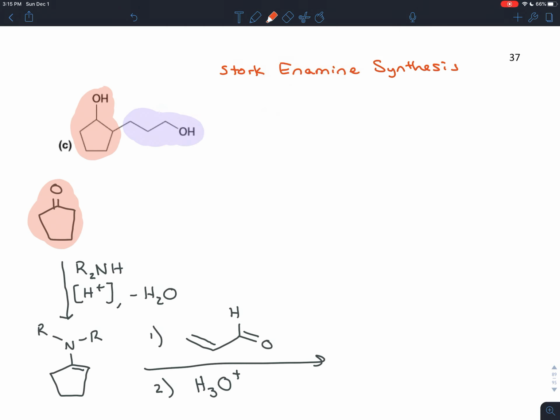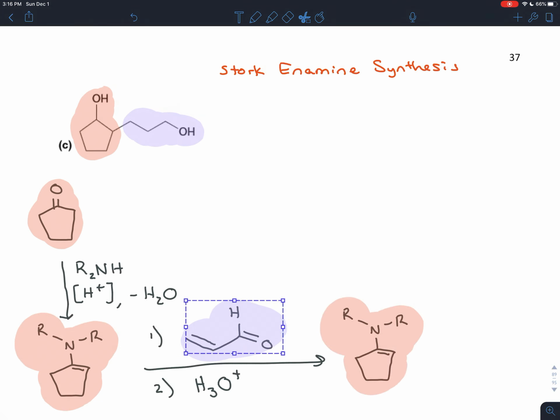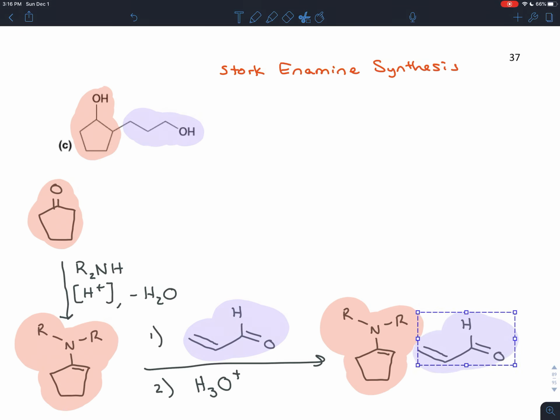Okay, let's visually organize this before we redraw it. So these are our two pieces if we're relating it to our original molecule. Now I'm going to take each of these. What happens in this reaction is that the alpha carbon turns into a weak nucleophile, and the beta carbon is the electrophile that it attacks.